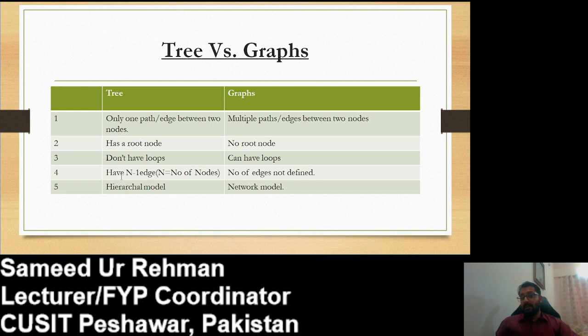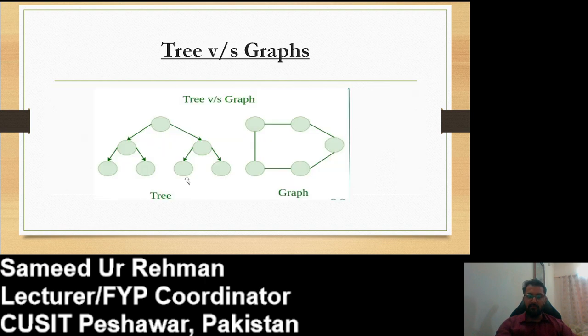Number 4 point is the number of edges. Trees have n minus 1 edges, where n is the number of nodes. Means if it is considered that the number of nodes is 1, 2, 3, 4, 5, 6, 7, 7 nodes, the number of edges would be n minus 1: 1, 2, 3, 4, 5, 6.